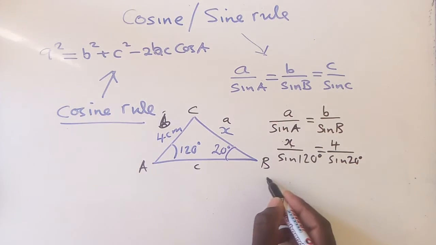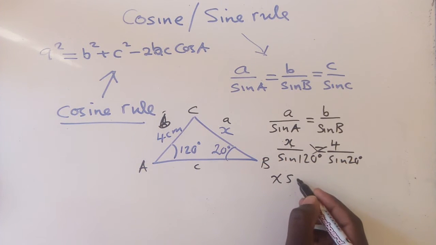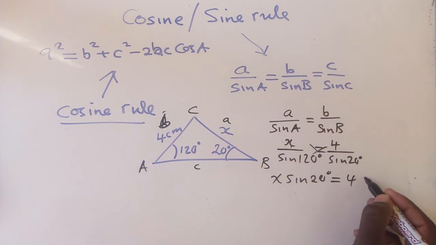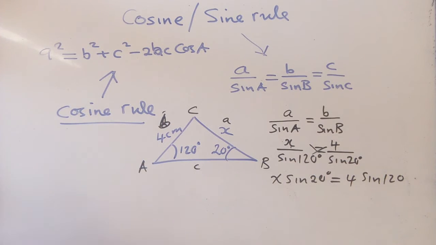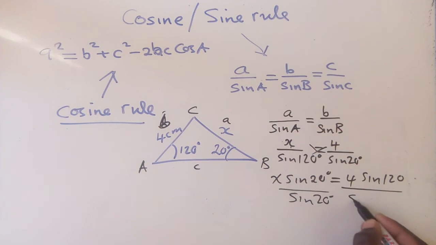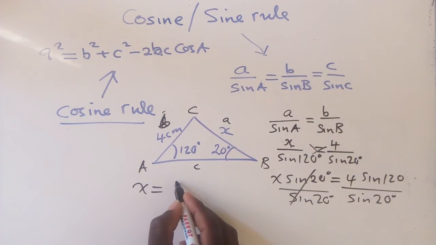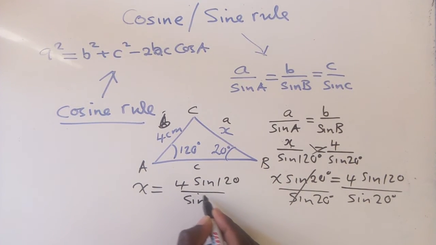Cross multiplying, x sine 20 degrees equals 4 multiplied by sine 120 degrees. Then dividing by sine 20 degrees, x is equal to 4 multiplied by sine 120 over sine 20 degrees.